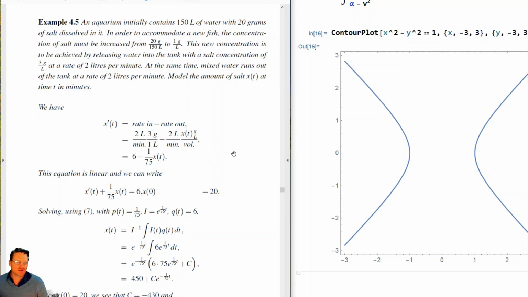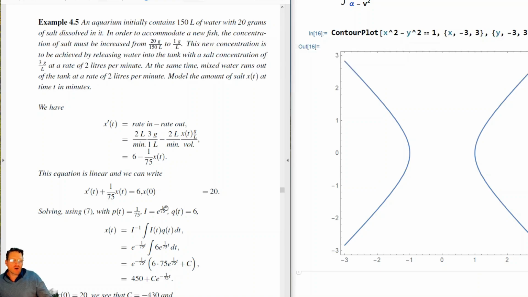Subbing those values in and simplifying, 2 times 3 is 6. So we have x dash of t is equal to 6 minus 1 over 75 x of t. So that's a linear equation, and we can write this as x dash of t plus 1 over 75 x of t is equal to 6. And I can see my spacing in the document's a bit off, so I'll have to fix that later. And we've got an initial value of x of 0 is 20.